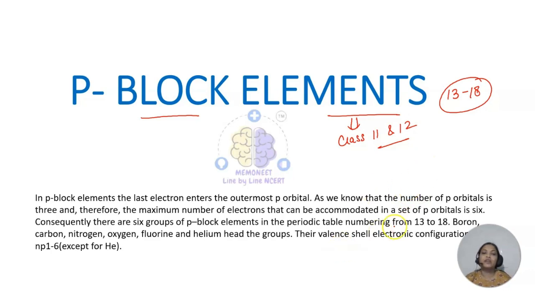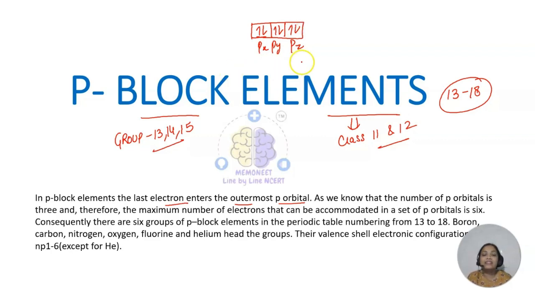All right. So today I'll be covering group number 13, 14 and 15 in this lecture. So students, we all know that p block elements are the ones in which the last electron enters the outermost p orbital. So you know that we have 3 p orbitals, right? 3 p orbitals are there, px, py, pz, and the maximum number of electrons that can be accommodated in them are 6.